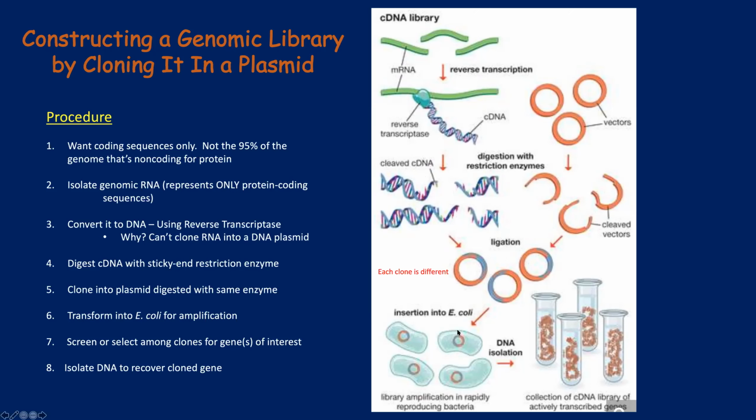So if these are transformed into E. coli, one plasmid per cell, E. coli will faithfully produce them. And you can have a clone of 100,000 or 1,000,000, however many you want, different, independent clones of your genome in E. coli cells.